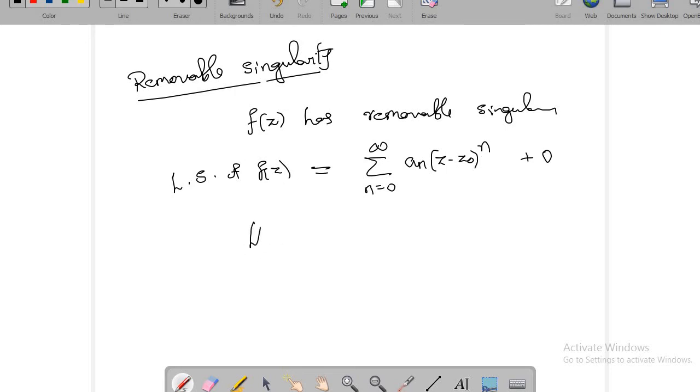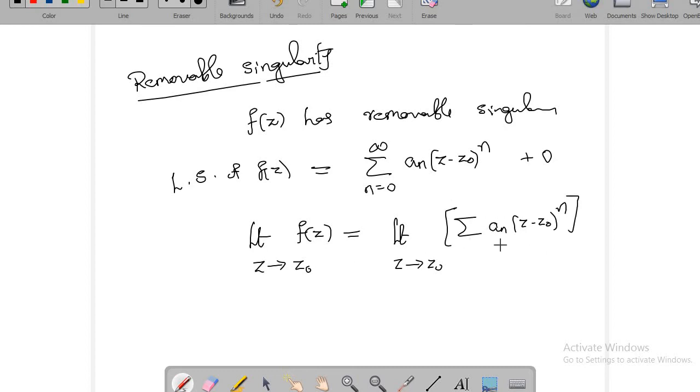Now I want to see the limit as z goes to z naught of f of z. I will apply the limit to the summation. Limit z goes to z naught of summation a n into (z minus z naught) whole power n. You know this summation is convergent, therefore we can take the limit inside. So when you do that, you'll simply get summation a n into zeros.